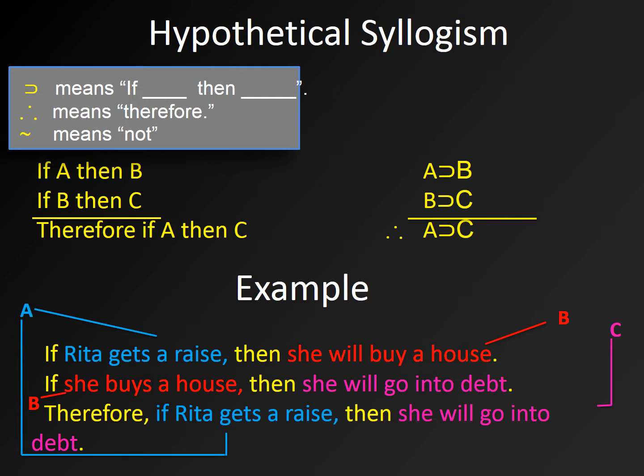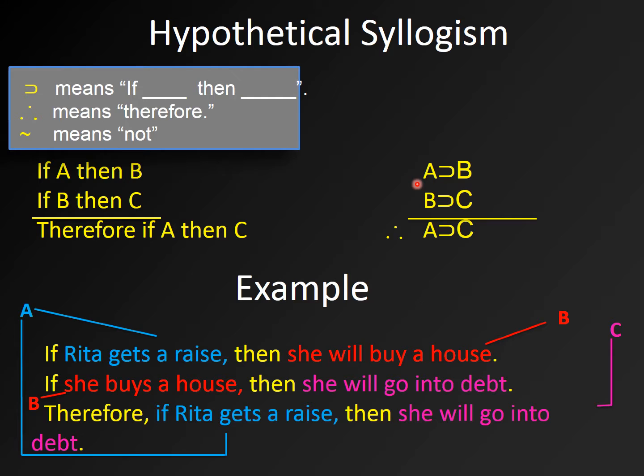Okay, the hypothetical syllogism. No new terminology here. We're still using the same terminology. This time we're going to have C as well as A and B. So we're using an additional color here.